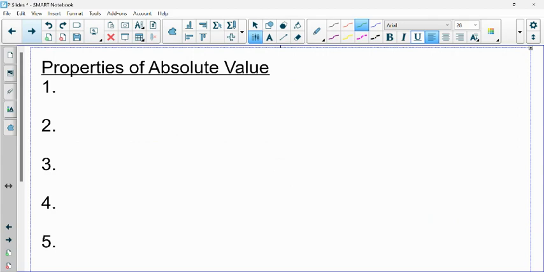Our first property is that the absolute value of A is always greater than or equal to 0, which is what we talked about on the previous page. You take the absolute value of a number, it can equal 0 or it can be anything positive. So greater than or equal to 0 is what you get.